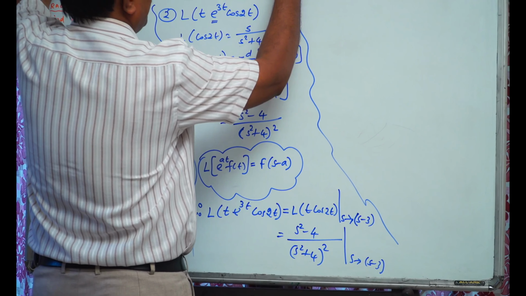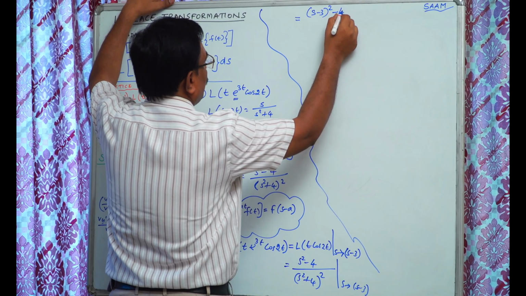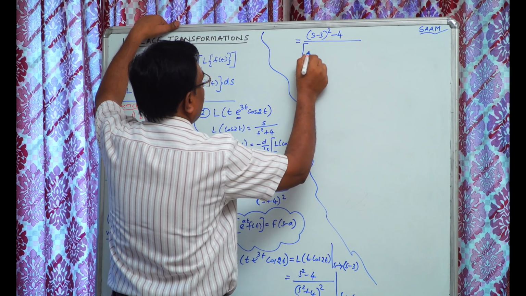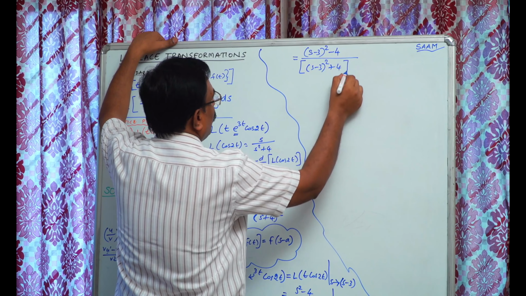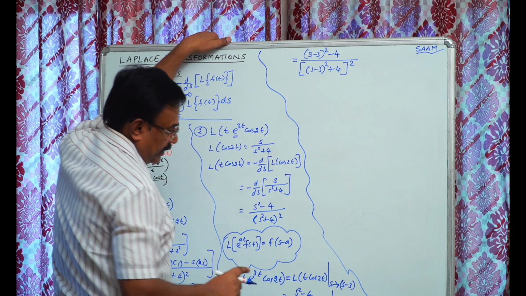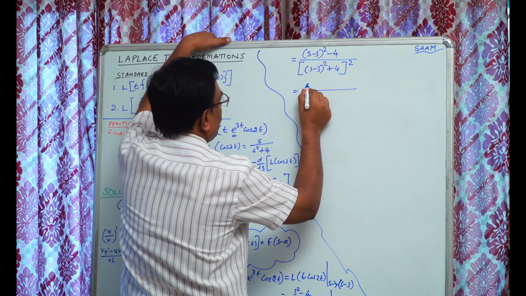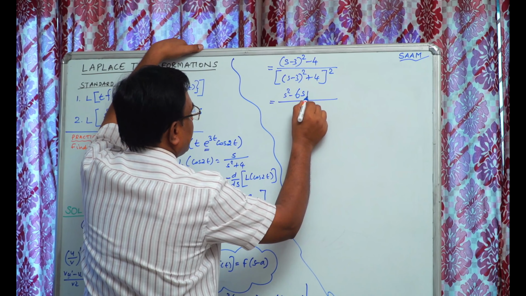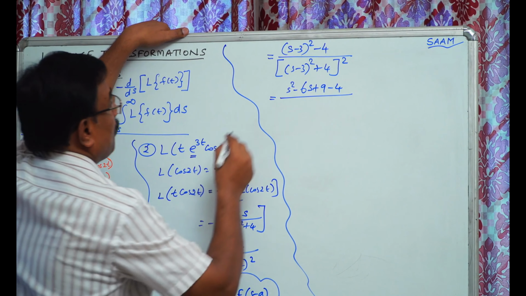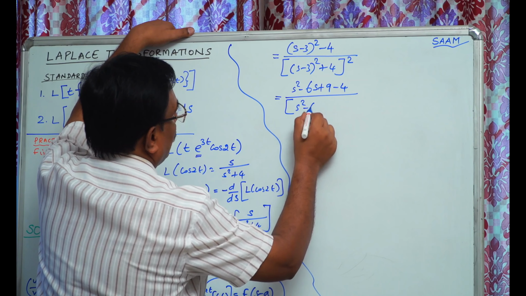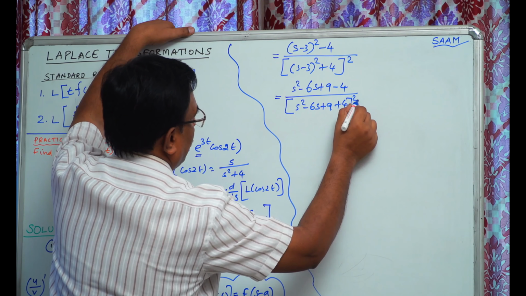That is nothing but (s minus 3) whole square minus 4, divided by (s minus 3) whole square plus 4 whole square. With s replaced by s minus 3, we get s square minus 6s plus 9 by expansion of (a minus b) whole square, divided by s square minus 6s plus 9 plus 4 whole square.